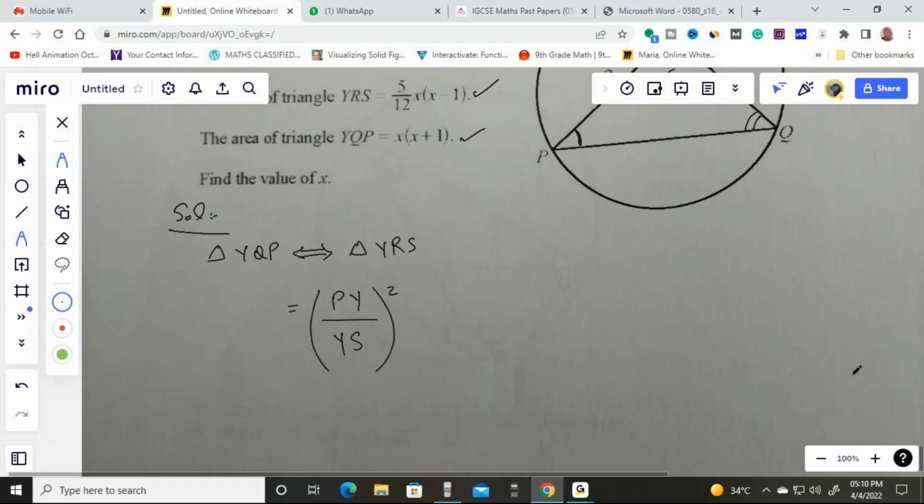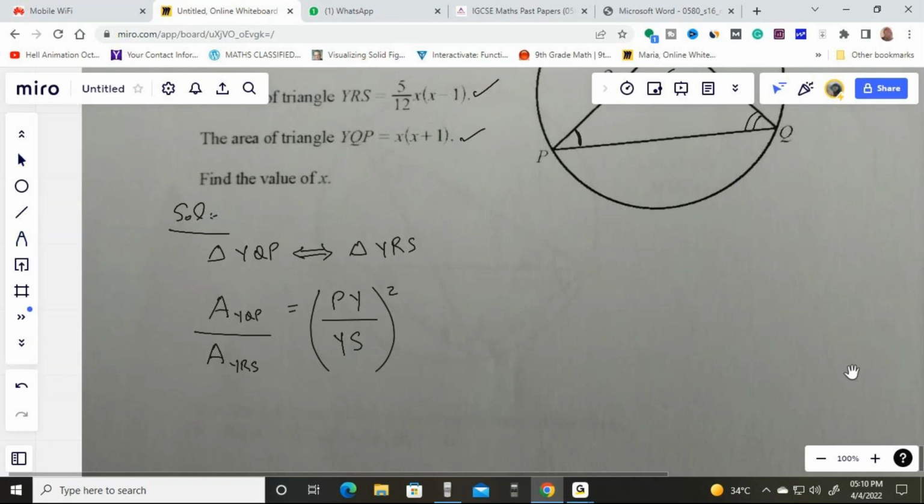So the area of my big triangle YQP upon area of my small triangle YRS is equal to the square of the ratio of the corresponding lengths. I'm going to write my area values and length values and then try to get the value of x.